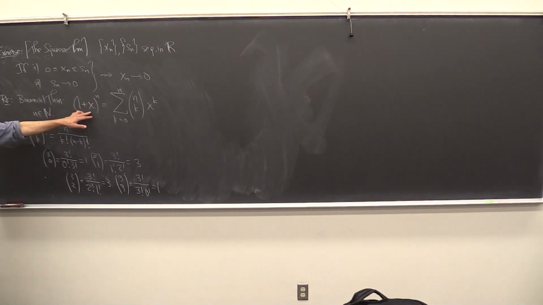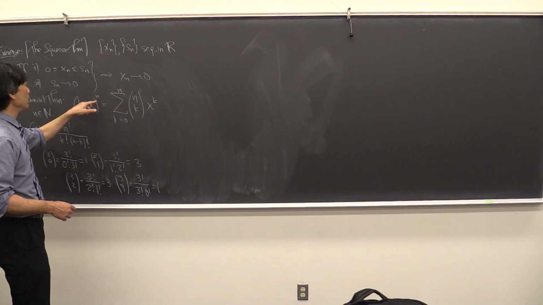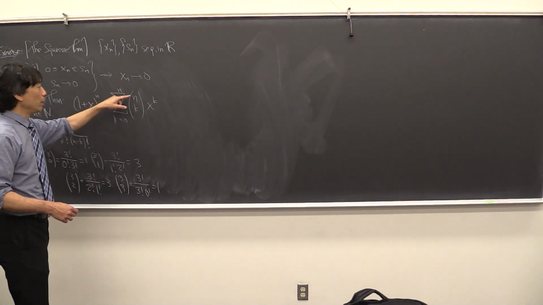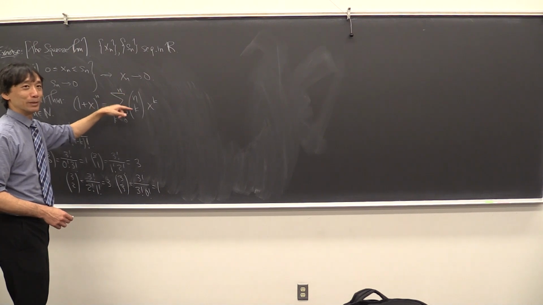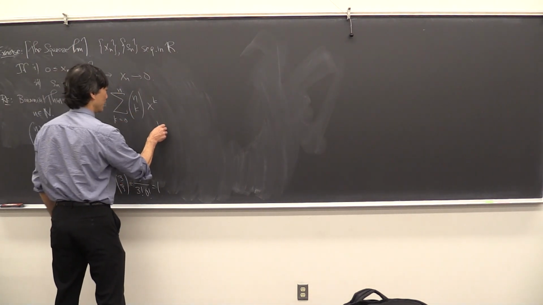And that's basically what this is saying. The coefficients for the nth row of Pascal's triangle are these numbers.